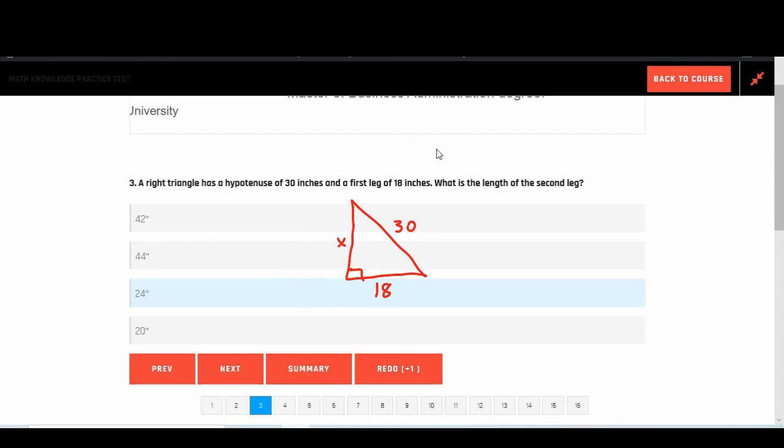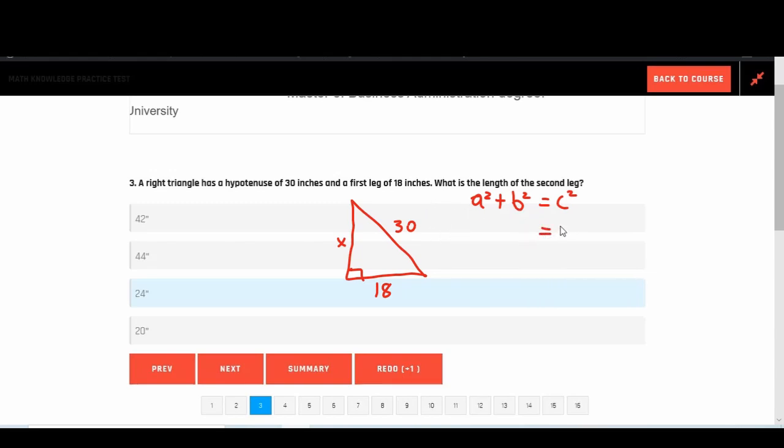So in order to do that, we're going to have to use the Pythagorean theorem, which is a squared plus b squared equals c squared, where a and b refer to the legs of a right triangle and c refers to the hypotenuse of the right triangle. Let's go ahead and plug things in since we're given some of this information.